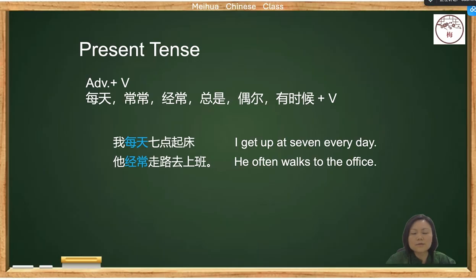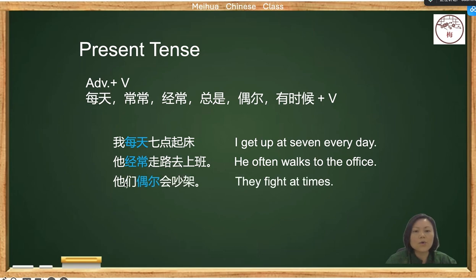From the sentence itself, I can tell it's also about somebody's routine, right? But with this adverb indicator, it makes it more apparent that the tense is present tense.